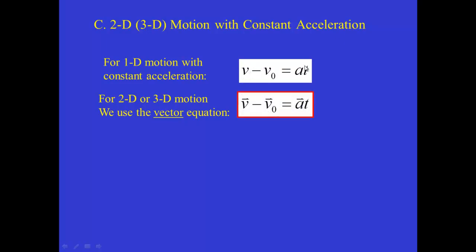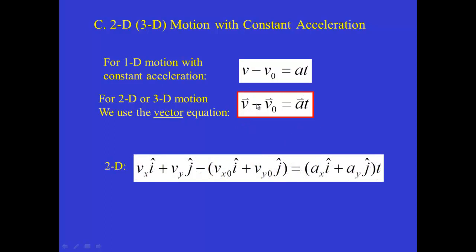Because the basic principle is still the same, but we have to take into account that v and v0 and a now have directions, and they're not necessarily oriented along the x direction. So the equation in the box is the new version of the equation. And in 2 dimensions, what that means is if I take v and I write it as vx i hat plus vy j hat, that's the most general way of writing a vector v.